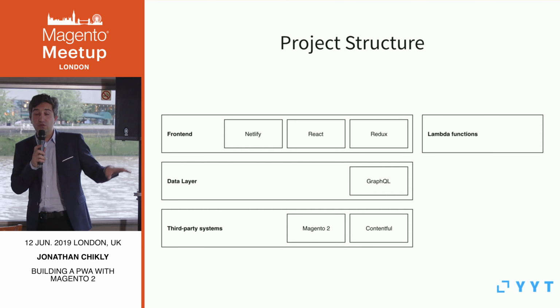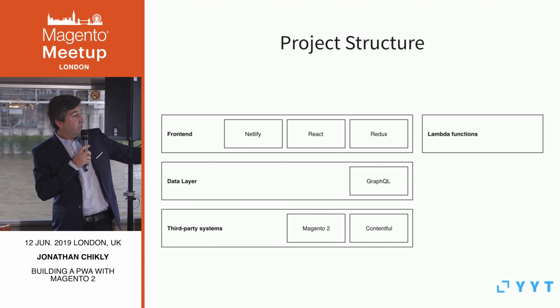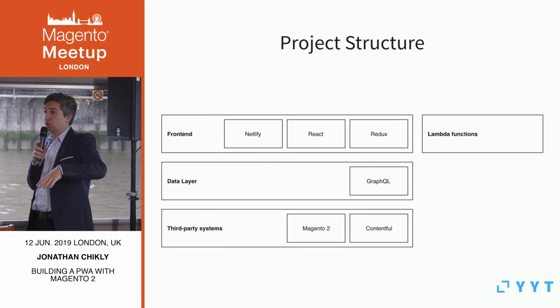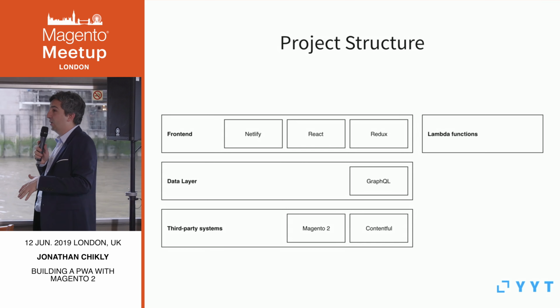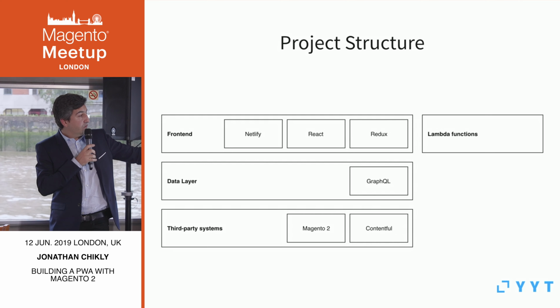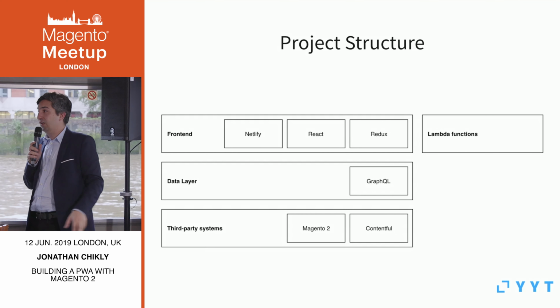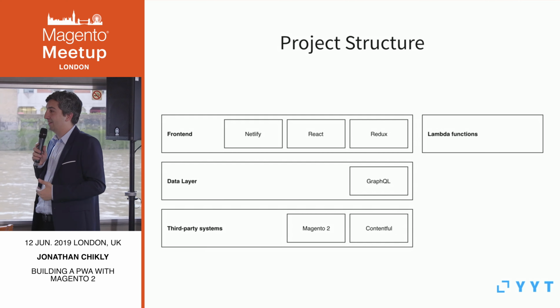All of this process is managed by Gatsby at build time. That's why it's a static website generator. All this construction of the data layer is done at build time.